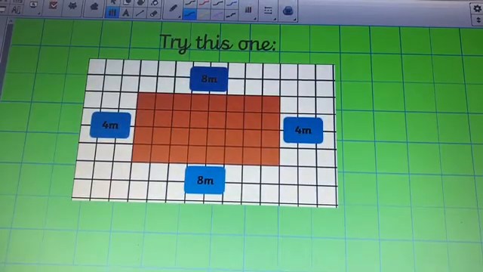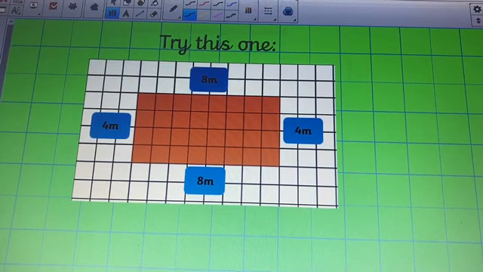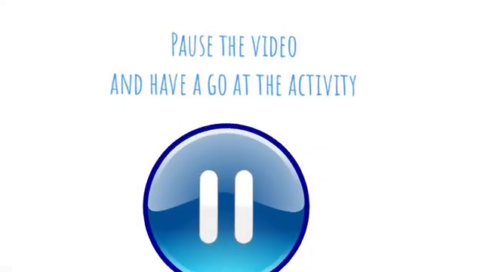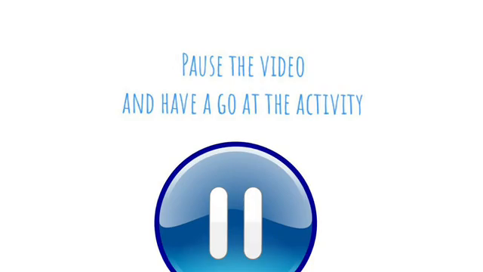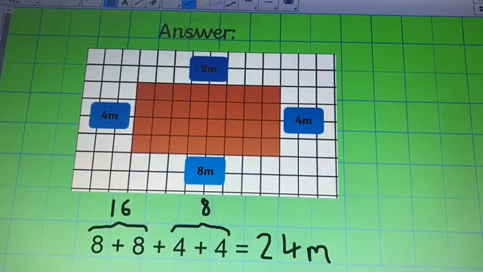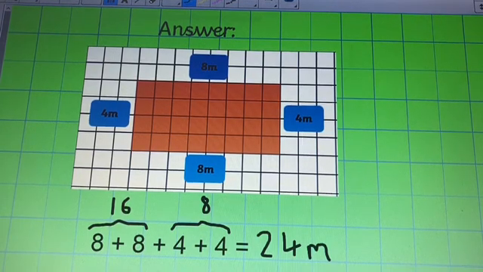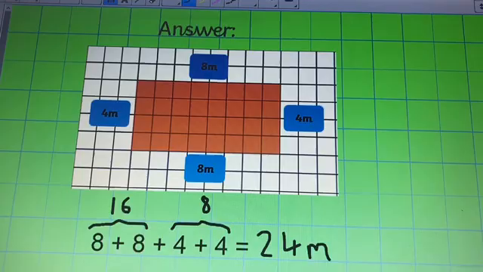Okay, let's try this one now then. So we've got sides of 8 metres and 4 metres. Pause the video and find the perimeter of this shape. Okay, hopefully you've got 8 add 8 gives us 16, 4 add 4 gives us 8, so together that makes 24 metres.